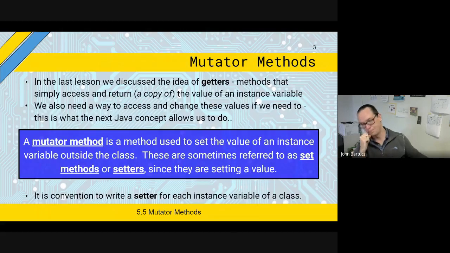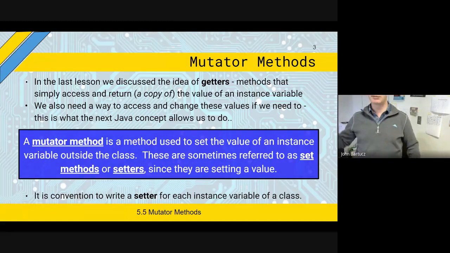In the last lesson, if you remember back, seven minutes ago, we talked about getters that return a copy of usually a private variable. However, if we want to be able to add money to our bank account, we need to be able to change that value too, not just look at it. If we want to be able to spend our money, we need to be able to change it.